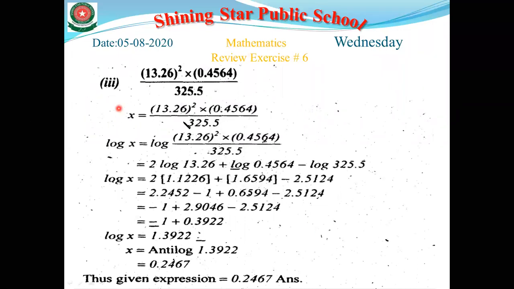Now, x equal to 13.26 square multiply 0.4564 divided by 3 to 5.5. Simple. Take the log. We know that by using the law of logarithm, powers become in the start of logarithm. So 2 log 13.26 plus log 0.4564 minus log 3 to 5.5. Why minus? Because 3 to 5.5 is written in the denominator. So that's why we write here minus.